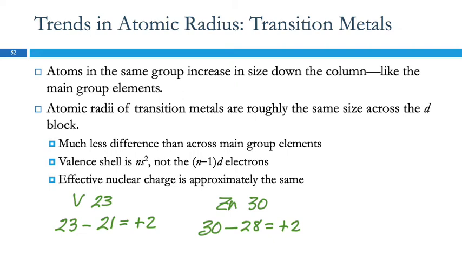Okay? So you're adding +1 to the charge, and you're also adding 1 to the thing you're subtracting from it, and so you're going to get the same number every time. So we don't see a real good trend or change in size for the transition metals.